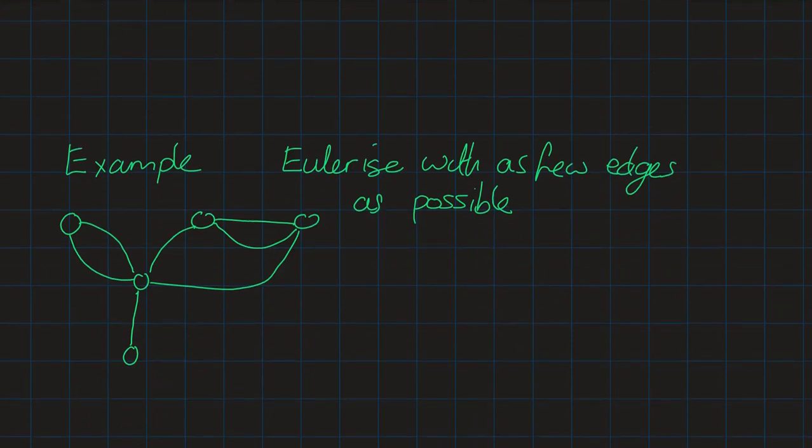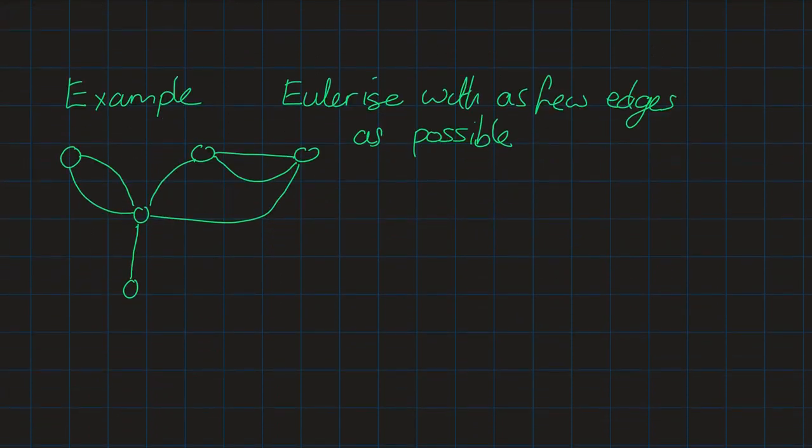So let's do an example. Eulerize this following graph with as few edges as possible. That's what I want to do. So how can I do this? Well, let's begin by calculating the degrees of all the vertices. This is degree 1, this has degree 5, 2, 3, 3.